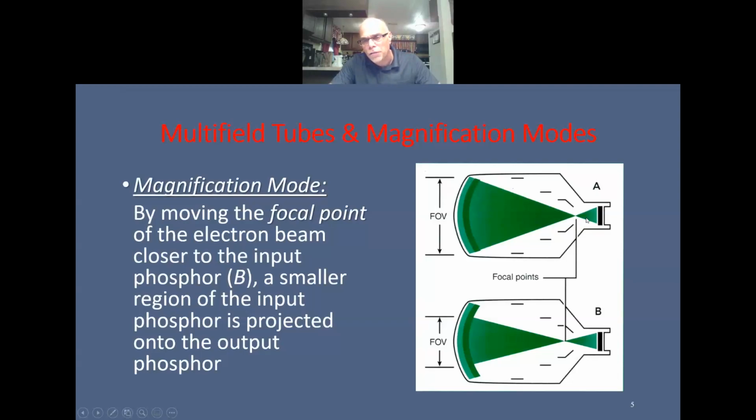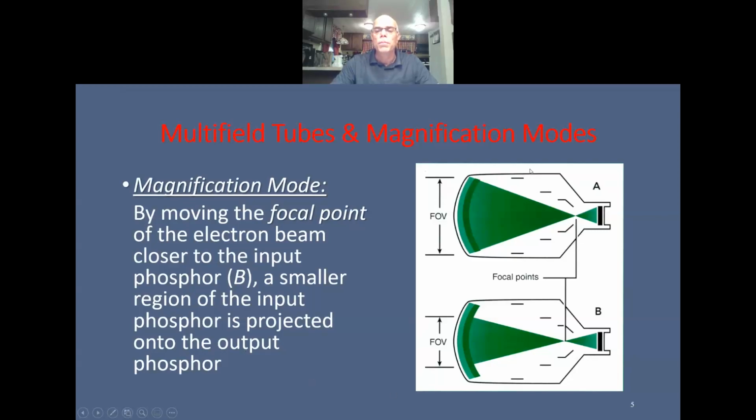The image actually is flipped when it comes out. But anyway, by increasing the acceleration on these accelerating plates here and the accelerating anode, it says by moving the focal point of the electron beam closer to the input phosphor, a smaller region of the input phosphor is projected onto the output.